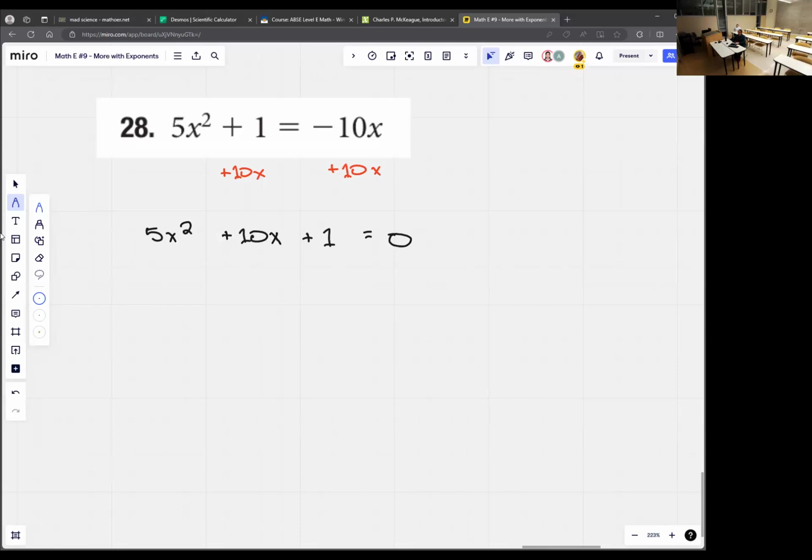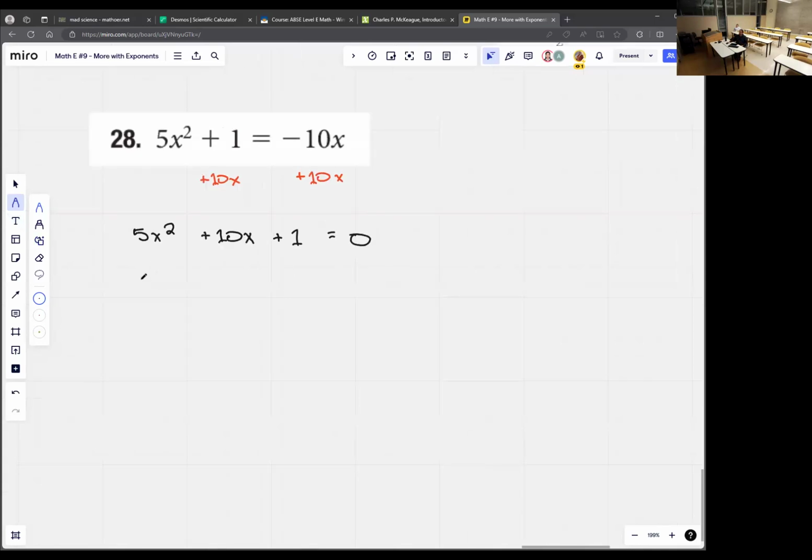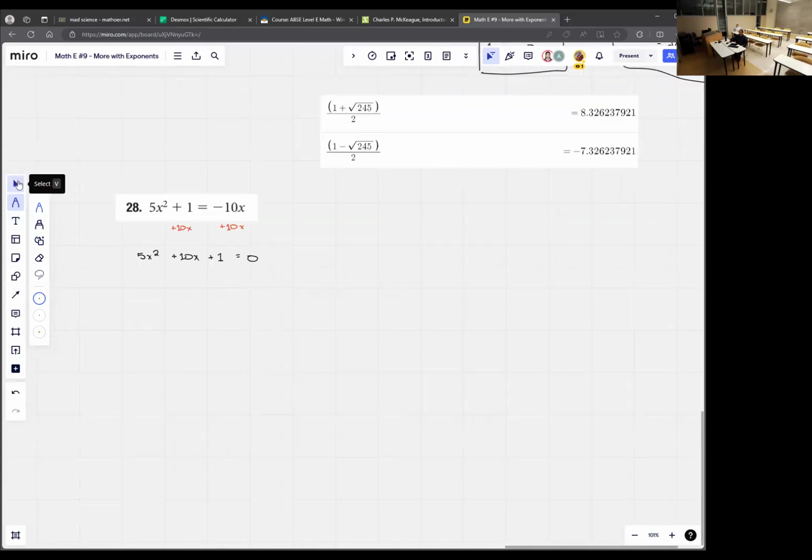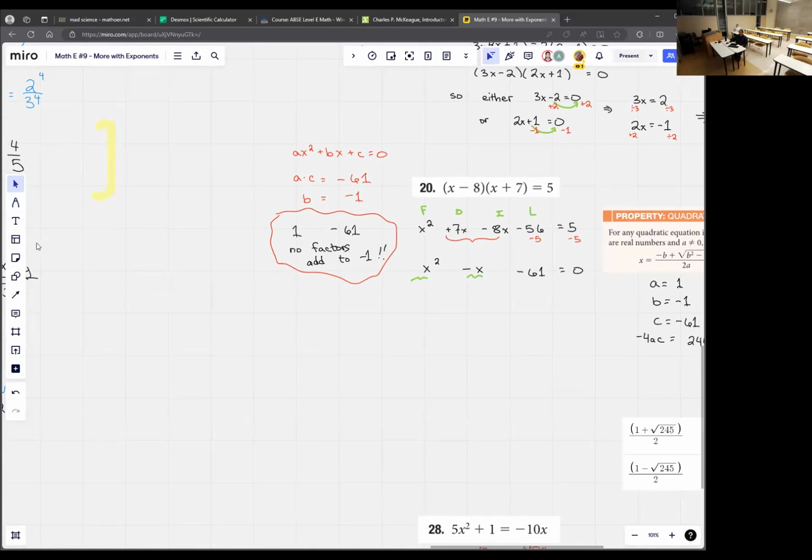5 times 1 is 5. Are there things that multiply to 5 and add up to 10? No, now I'm not as happy. 5 times 1 is 5, but that adds up to 6 and not 10. So I think my factoring is not going to work. Let me put that off on the side since I just said a lot without writing.